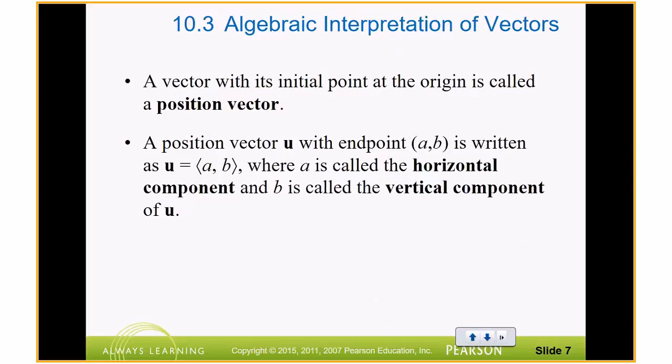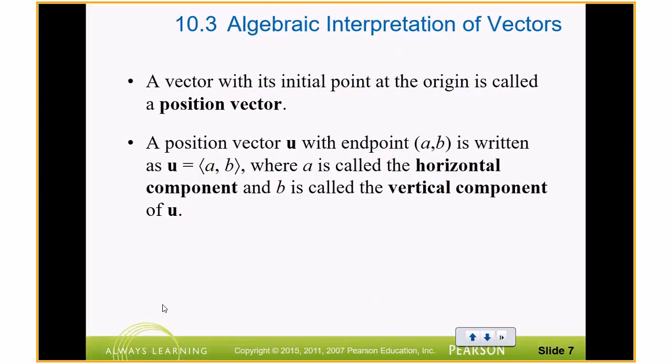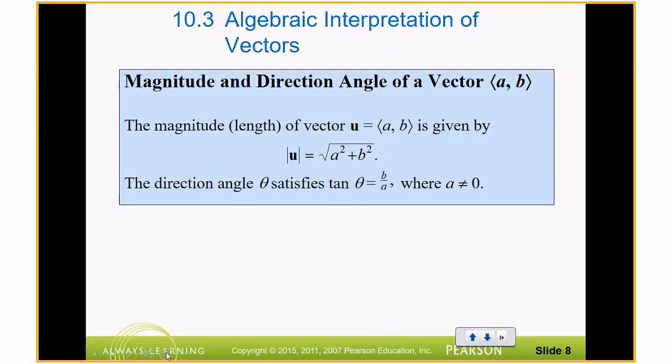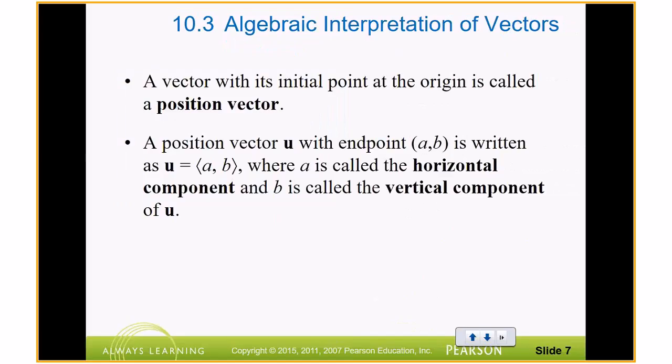All right? Both of them are basically the same. The reason you have position vectors is for Calc 2 when you get in there, and Calc 3 when you actually trace a particle in space.